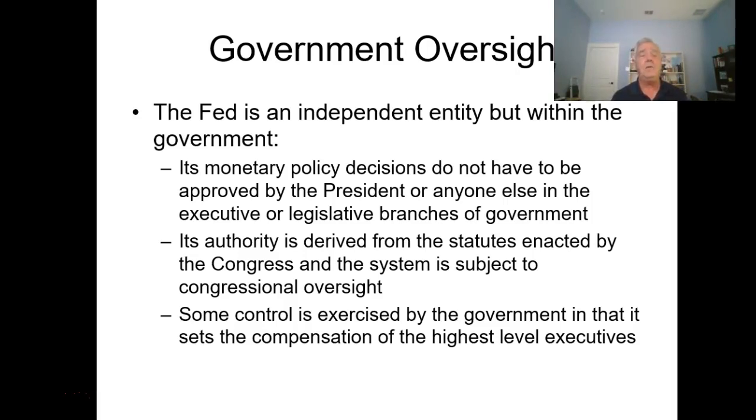It gets the power by statute, and those statutes were enacted by the Congress. So therefore, the system, Federal Reserve, is subject to oversight by Congress. Now, some control is exercised by the government in that it sets the compensation for the higher level of executives. That's really the only influence they can have. Okay?